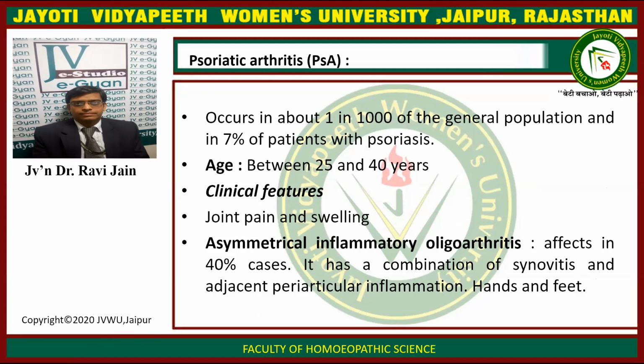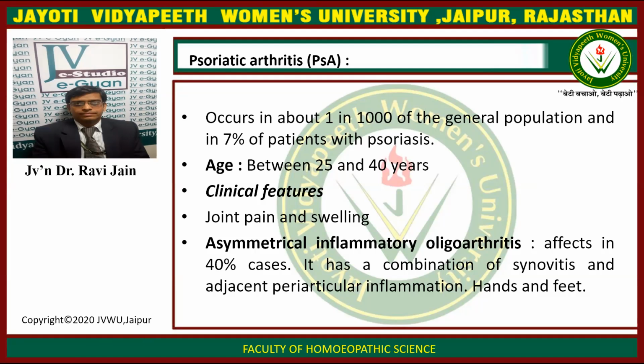Next we come to psoriatic arthritis. It occurs in about 1 in 1,000 of the general population and in 7% of the patients with psoriasis. It occurs between 25 to 40 years of age. The clinical features include joint pain and swelling.